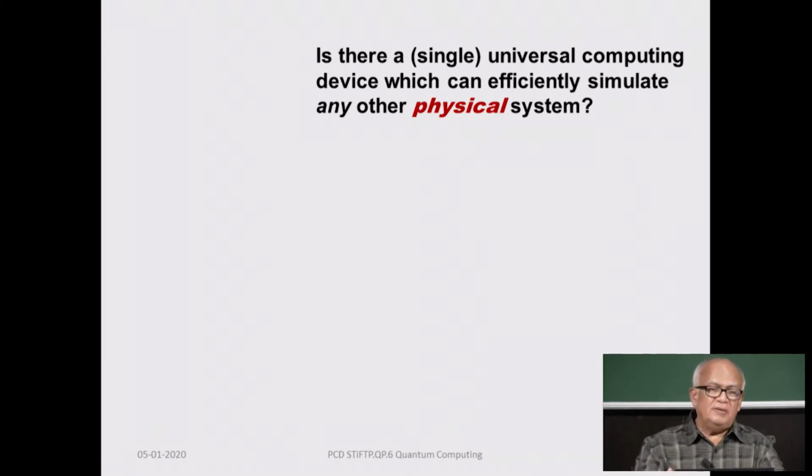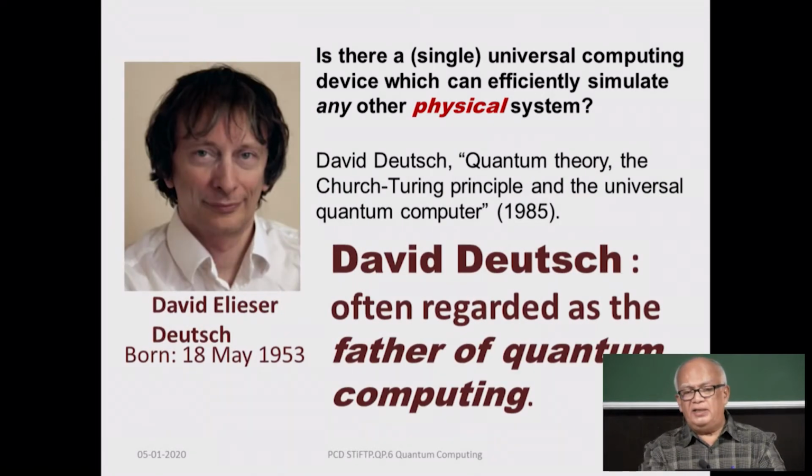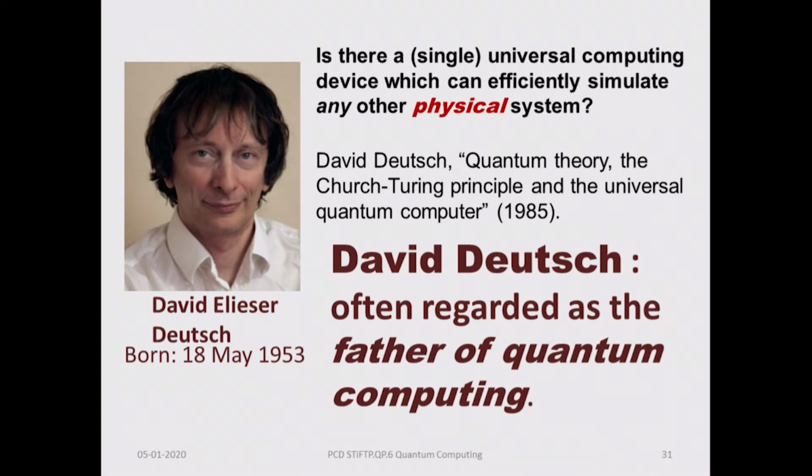So any physical system is governed by physical laws, the laws of nature, and these are quantum laws. And this is the question which David Deutsch was addressing, that since quantum theory is what would govern the laws of physics, then you need to be able to devise a machine which is based on these laws. And he actually did come up with a quantum algorithm, which is the Deutsch algorithm. I will talk about it a little later.